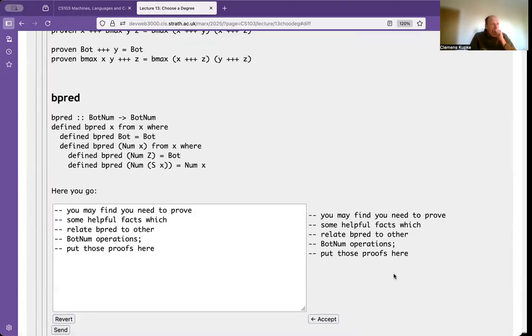I can zoom out a little bit. What's going on?